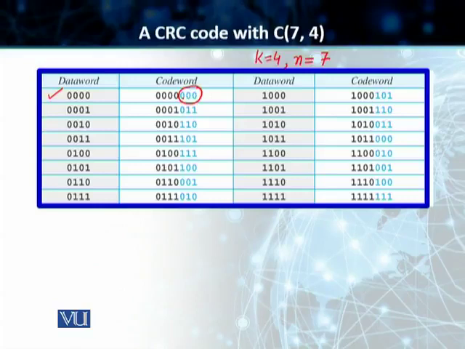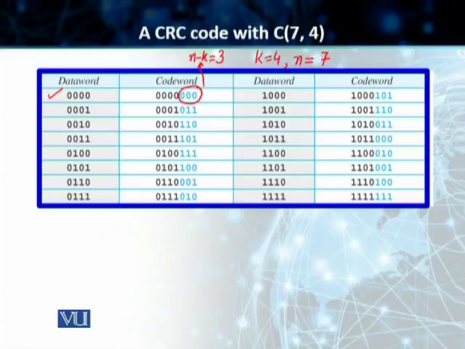The number of bits that we are going to append is calculated by n minus k, which in this case is 3. So we just add 3 bits to the end of this data word and we send this over.